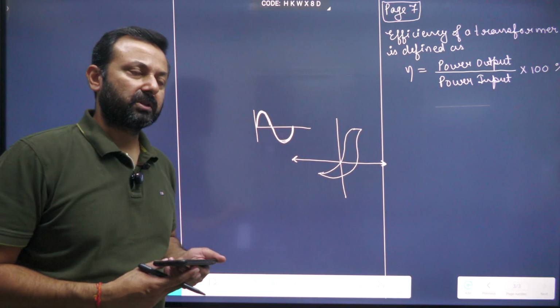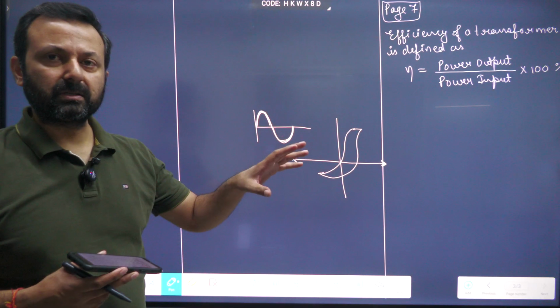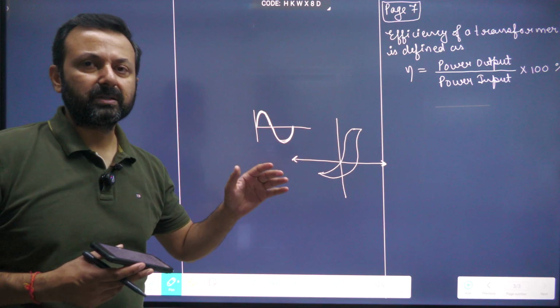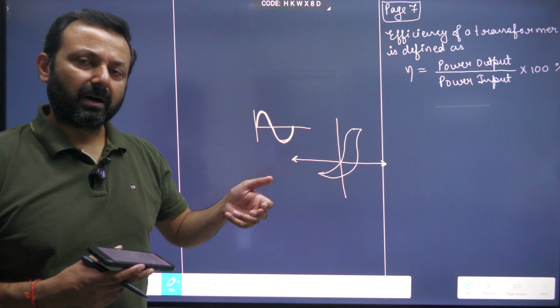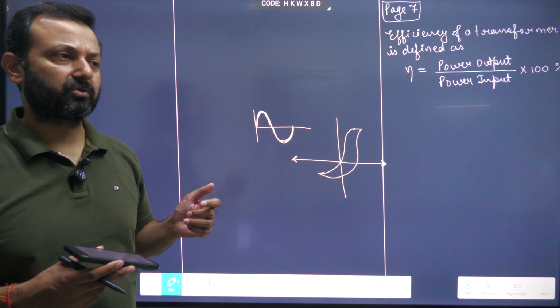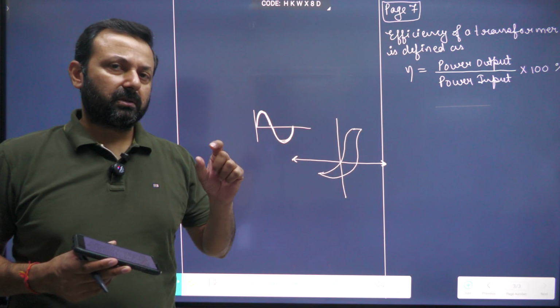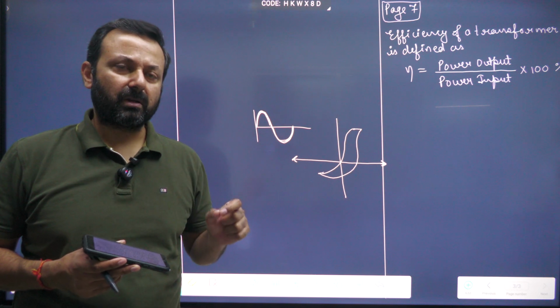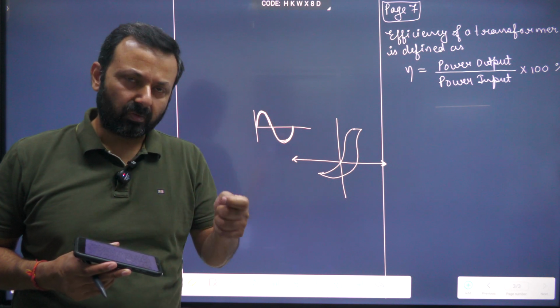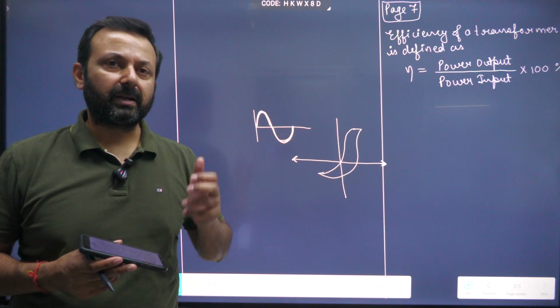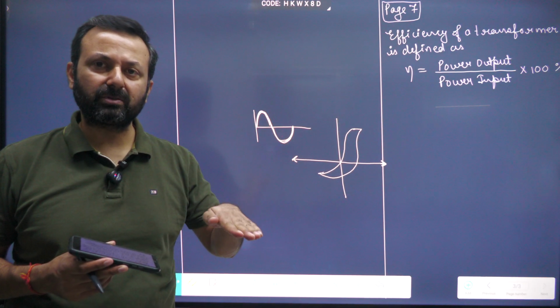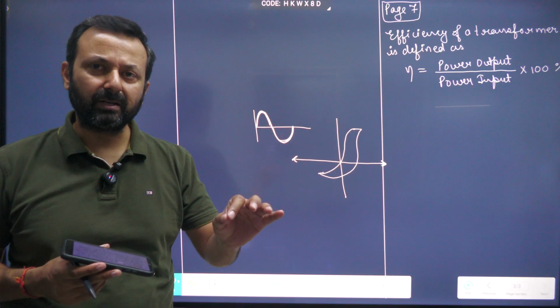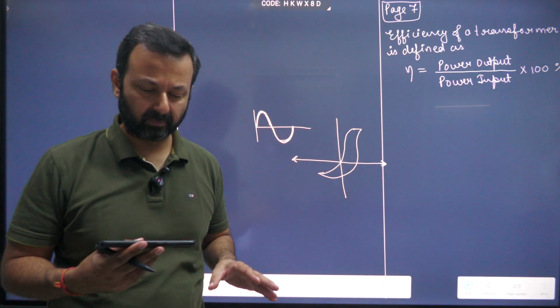When the transformer magnetizes, a humming sound comes from it, and when it demagnetizes, another humming sound comes from it. This sound is also a form of energy, and it goes out of the transformer, so this also creates a little loss.